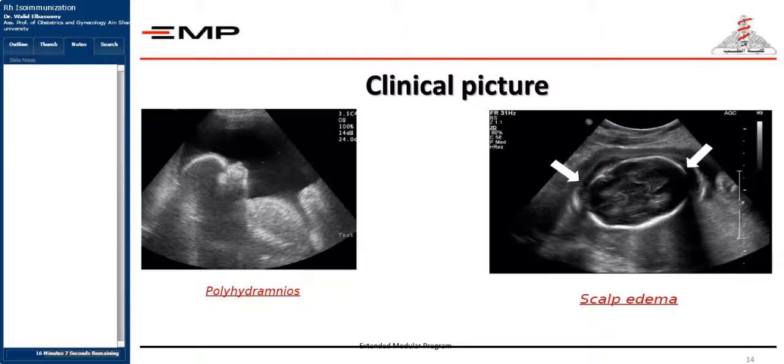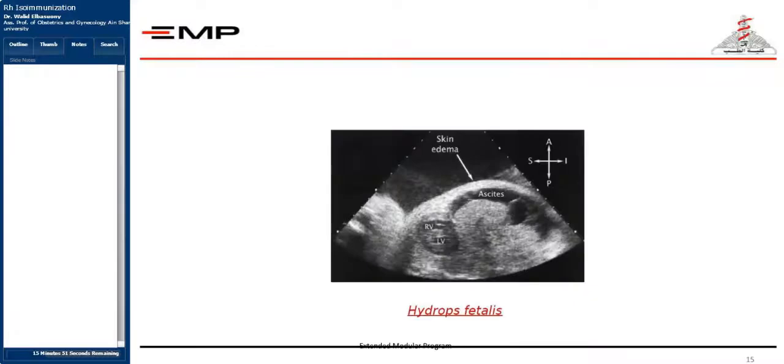This is an increase in the amount of the amniotic fluid, which is partly because of the heart failure that the baby is suffering. On the other side, we see a picture of scalp edema, and this is another picture of edema that may be generalized all over the baby. This is ascites and pericardial effusion and skin edema, which could also affect the baby in the later forms.